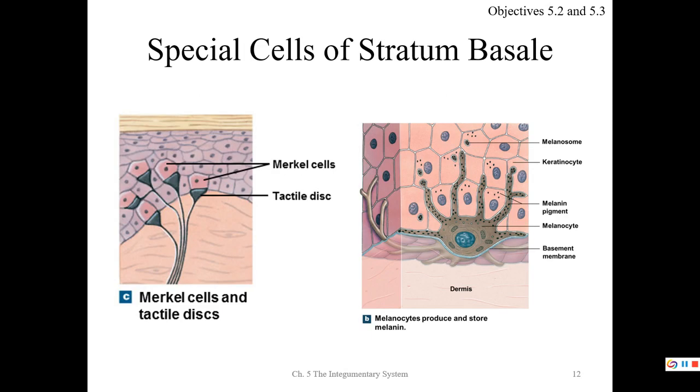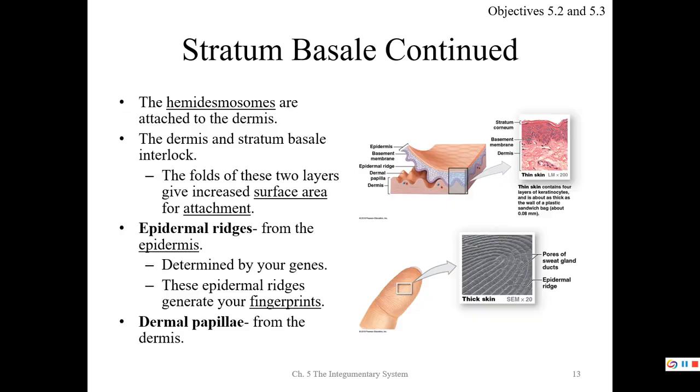So here we have the cells of the stratum basale. We have the Merkel cells with the tactile discs, the melanocyte, and basal cells as well. Hemidesmosomes attach the stratum basale. Now, we talked about how the dermis interlocks with the stratum basale, forming a pattern of papilla.